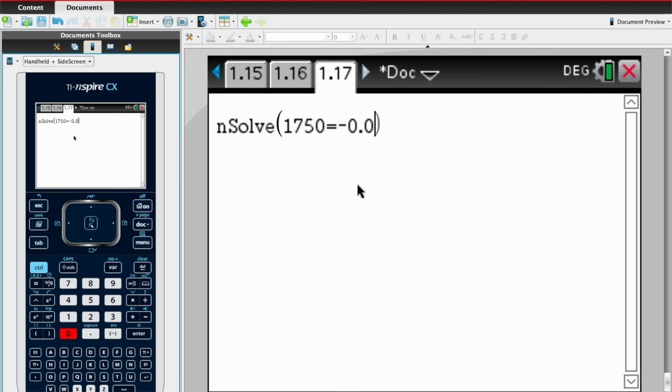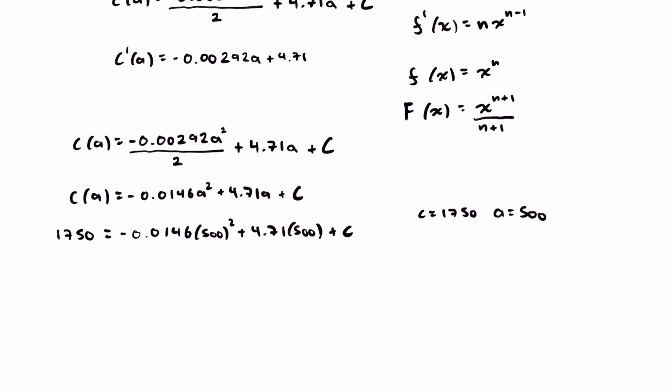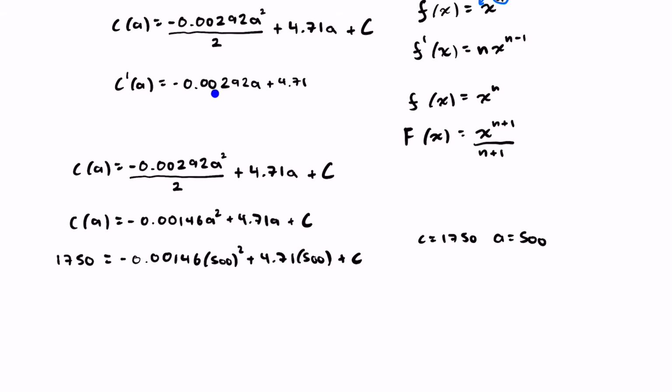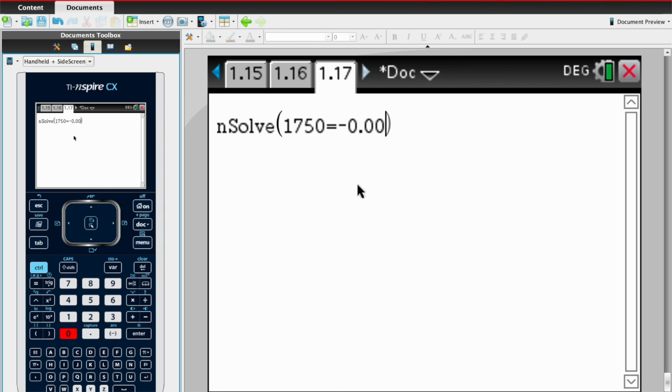So just going back to the document here, going to add that 0 that is missing. So here we have this 0.0292. There should be another 0. So 0.0146. So going back to the calculator again.